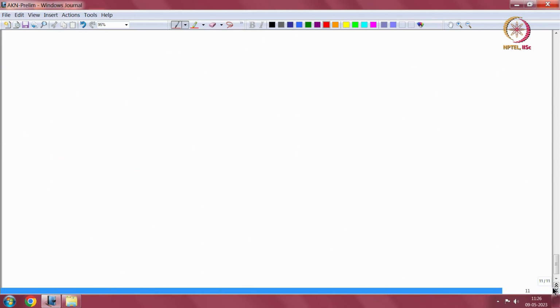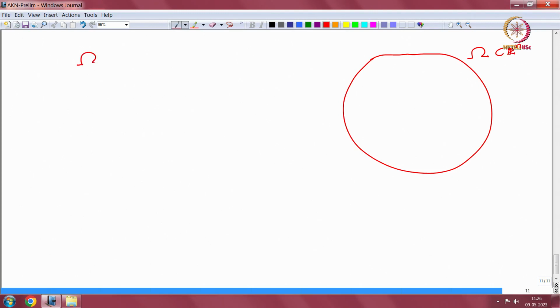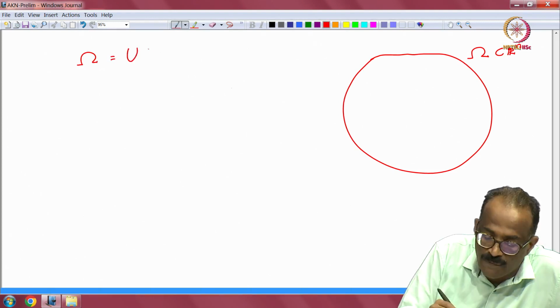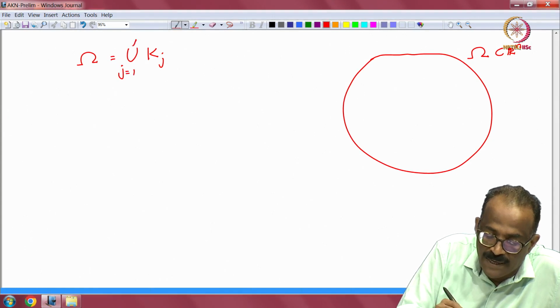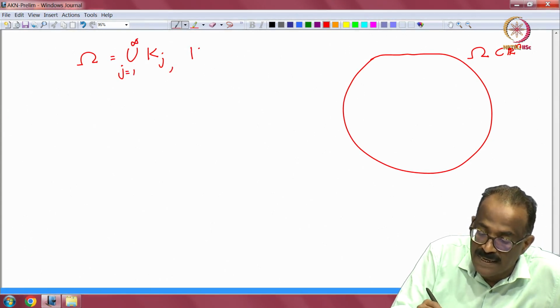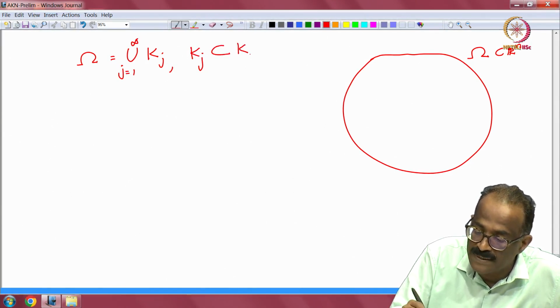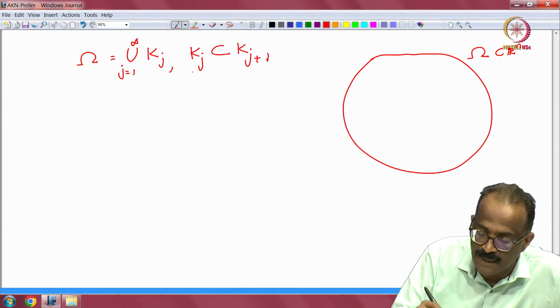So, this is a family of seminorms. Now, I use my thing, which I am going to use in the entire development. You have omega a subset of Rn, and Rn is paracompact. So, I can write omega equal to the union of Kj, where j is from 1 to infinity, an increasing sequence of compact sets, Kj contained in Kj plus 1.